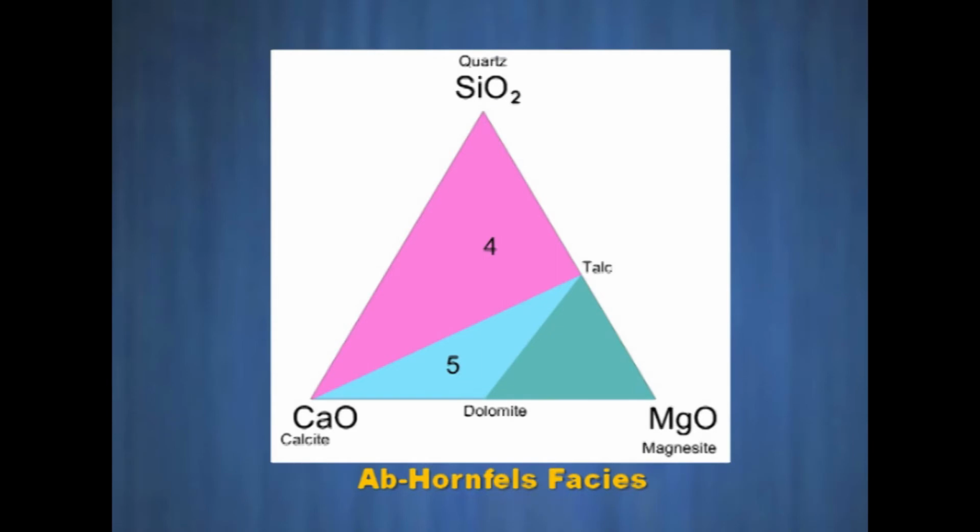The important assemblages are, first, dolomite, calcite, quartz, and second, dolomite, magnesite and quartz. These two are very important assemblages, mainly for dolomitic and calcareous marble assemblages.